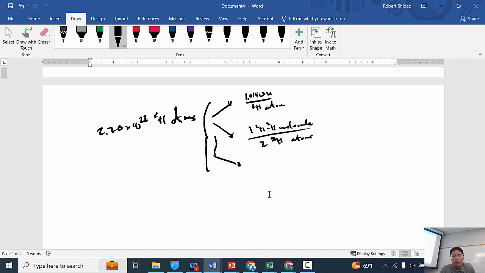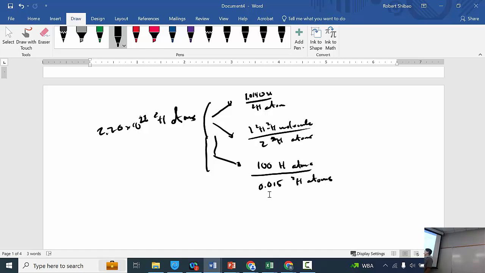And so if we have 100 H atoms, then 0.015 of those will be deuterium atoms. Well, it doesn't make sense to have 15 thousandths of a deuterium.